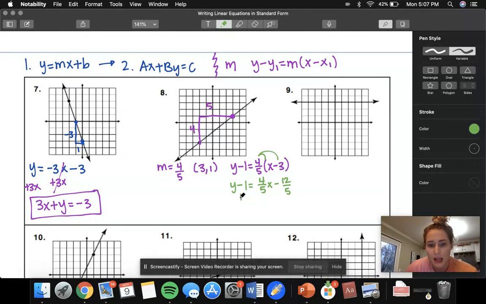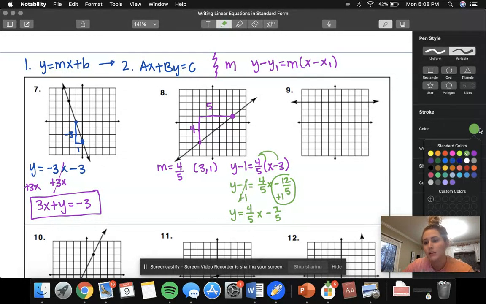Okay, and then I'm going to add the 1 to this. So then we're left with y equals 4/5 x minus, and then -12/5 plus 1 whole, again, you guys can be using your calculator, is -7/5. Okay? So in slope-intercept form, that is what the equation looks like.